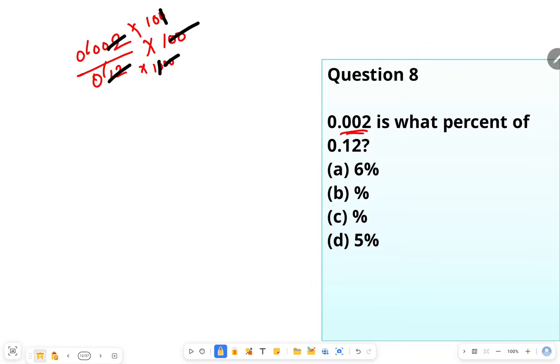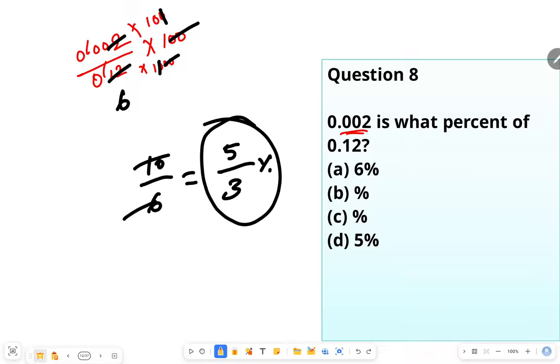If you divide this 1 upon 6, the result we got is 10 upon 6. Further, if you divide that, you get 5.3%. This is your result.